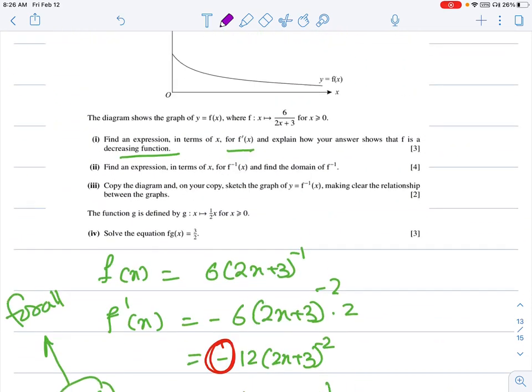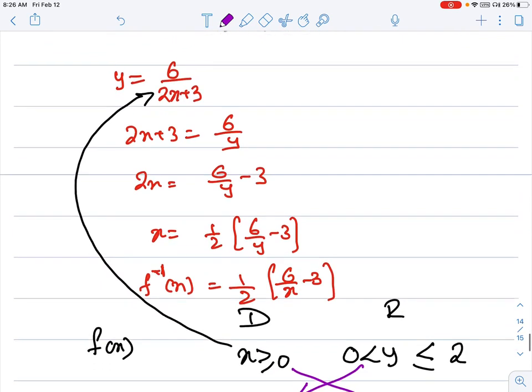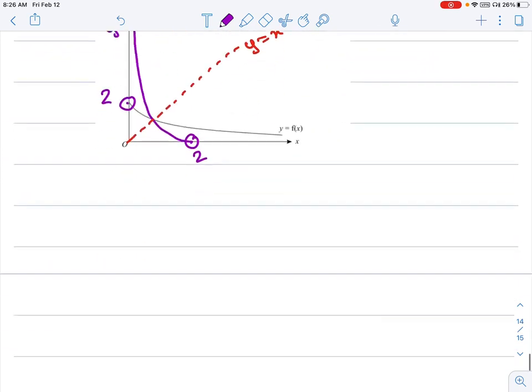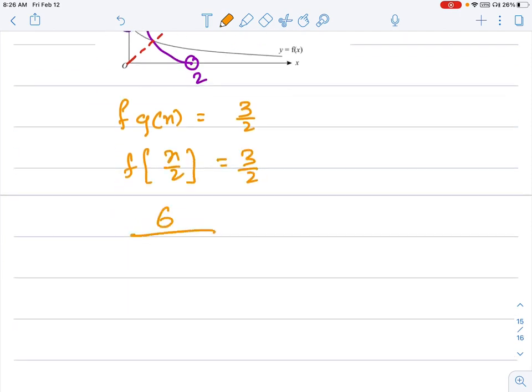And g of x is equal to x upon 2. Solve the equation f of g of x is equal to 3 upon 2. F of g of x is x upon 2 plus 3 in place of x. So 6 upon x upon 2 plus 3 is equal to 3 upon 2.